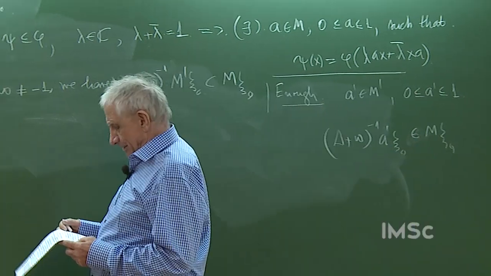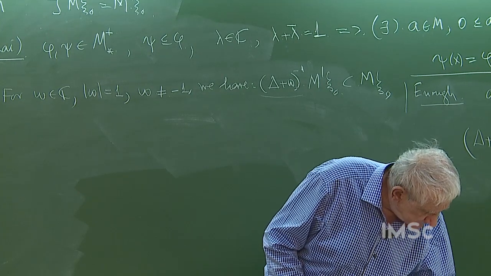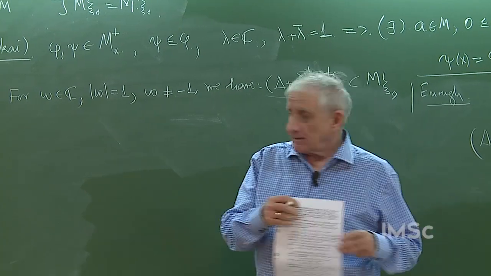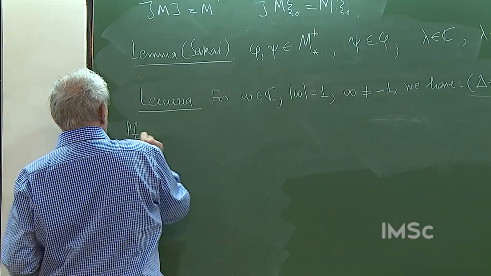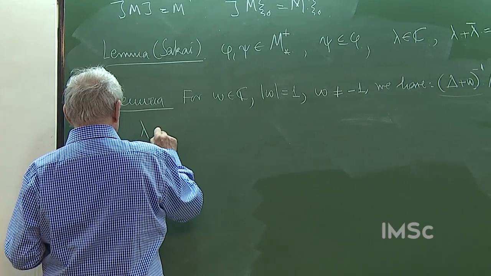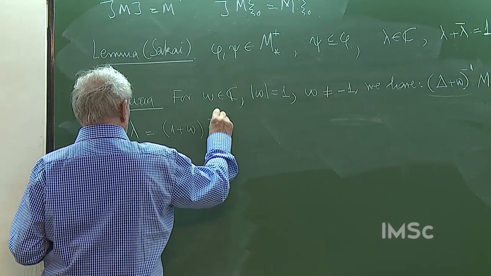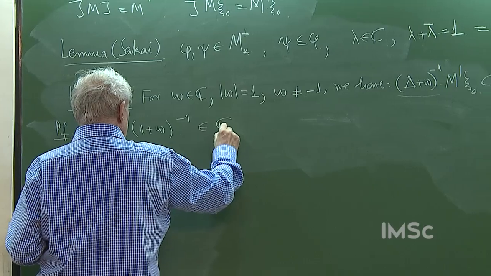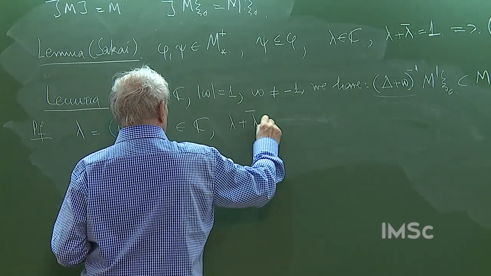Okay, now, proof, we will consider lambda equal to 1 plus omega to minus 1, which belongs to C, and lambda plus lambda bar is equal to 1.